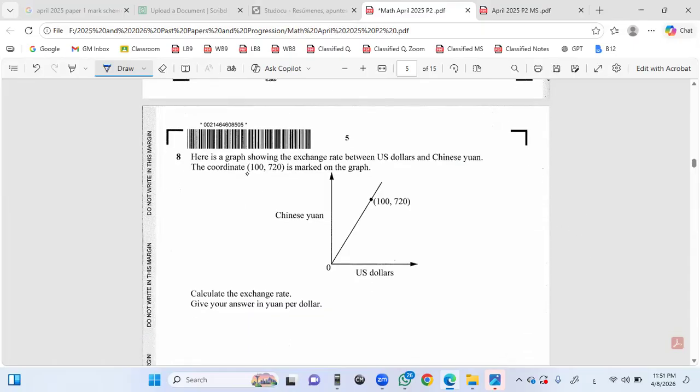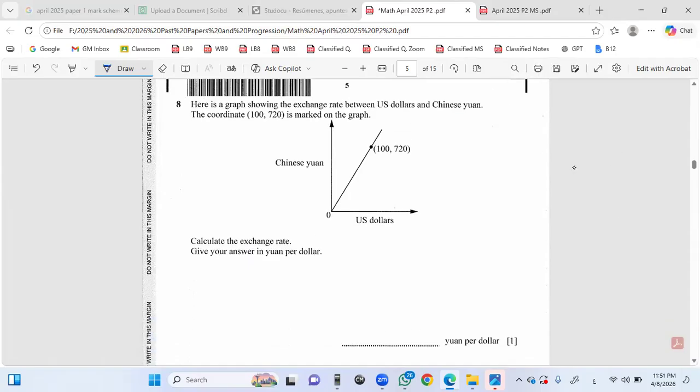All right, here is a graph showing the exchange rate between US dollars and Chinese yuan. The coordinate 100 and 720 is marked on the graph. So they're telling you that 100 US dollars is equal to 720 Chinese yuan.